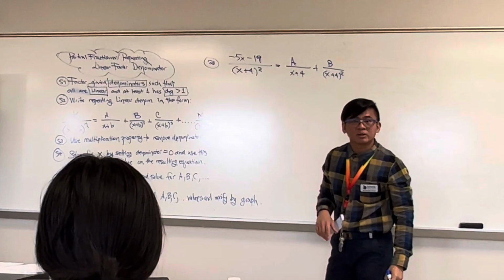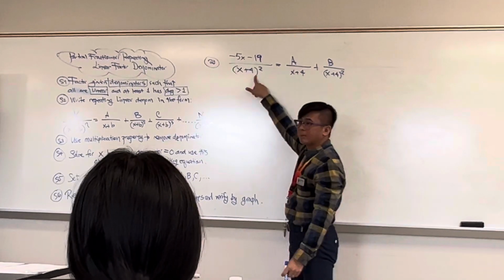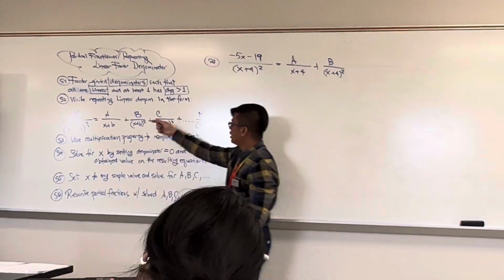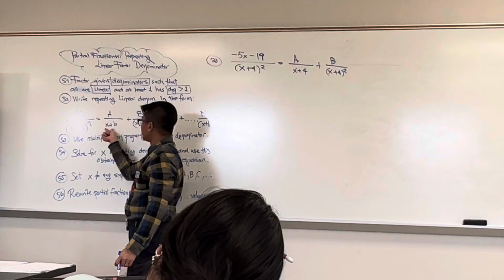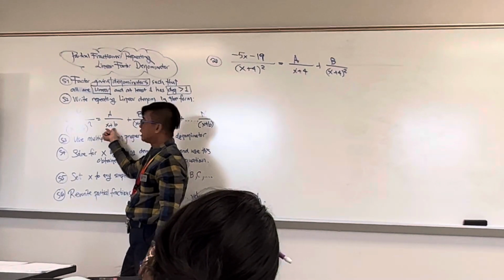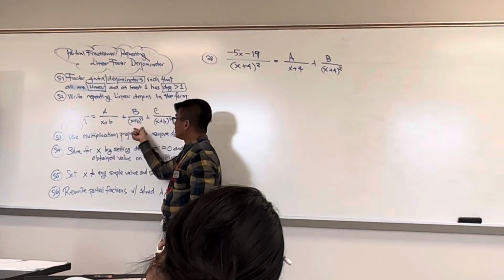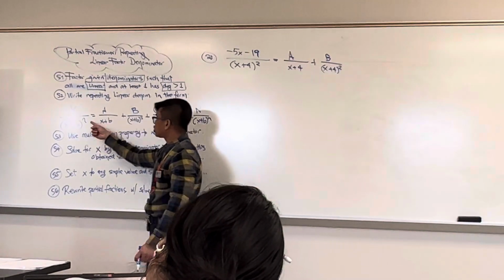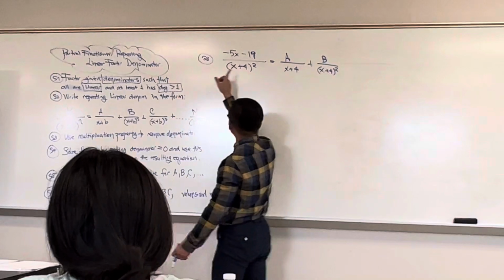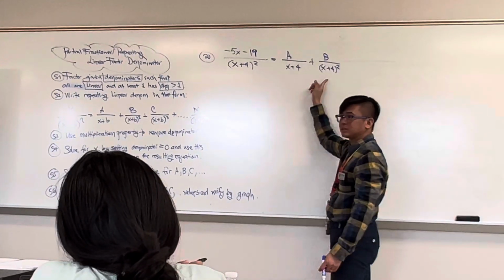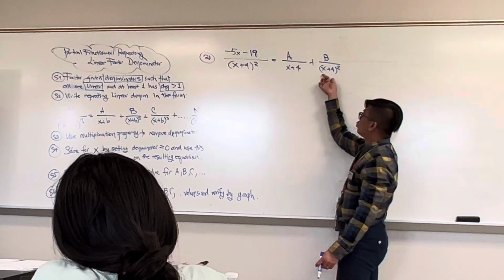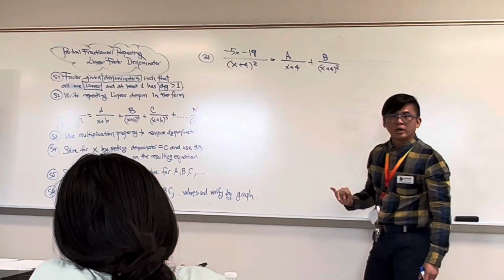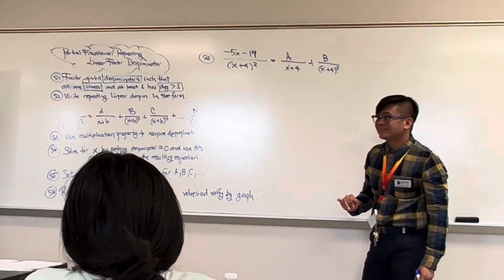It will stop at squares. So that linear denominator, first power, same linear denominator, second power, third power, and so on until you reach that power. But since here it's just second power, you only repeat it twice: x plus 4 and x plus 4 squared.